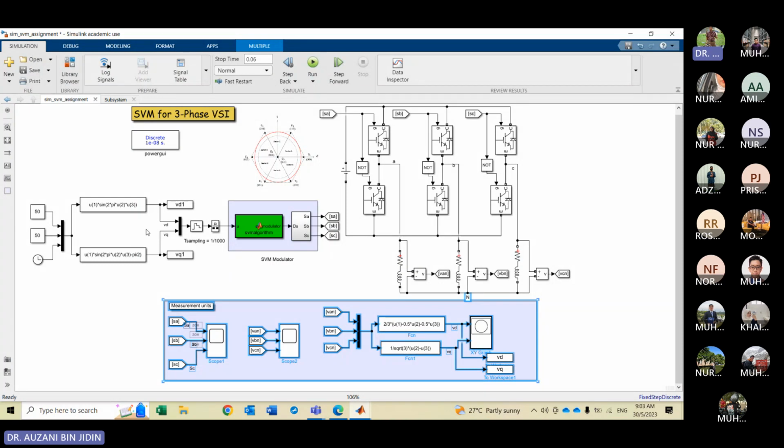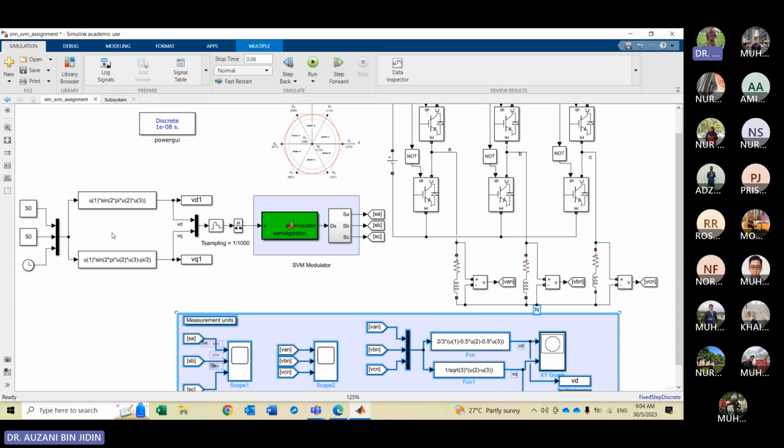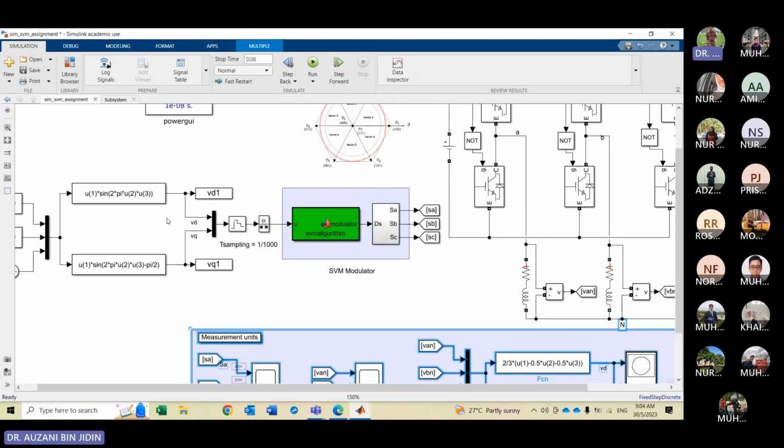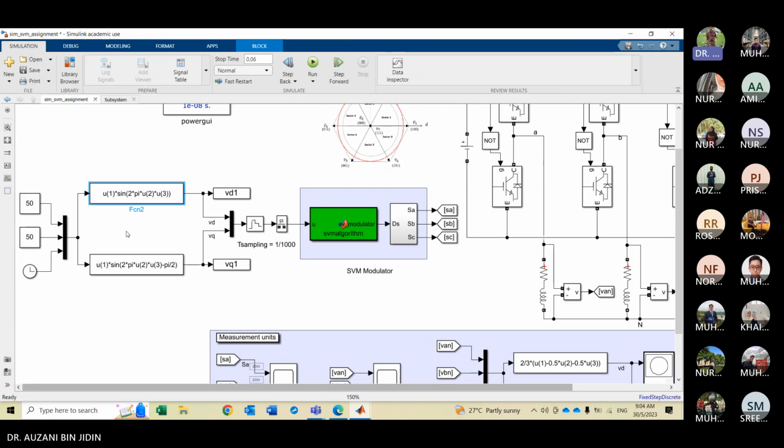But this time, please change. You replace the constant block. So mean you have to generate the sine wave for VD and VQ. Okay, so where you can design the sinusoidal wave shape by using the MATLAB function block here. Nampak?